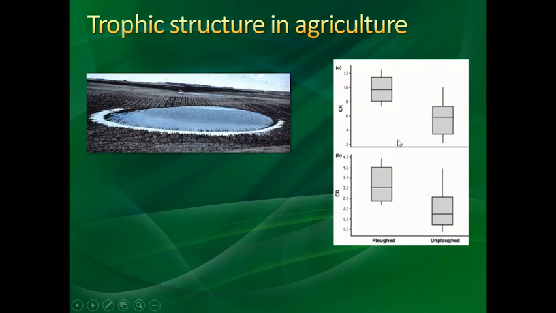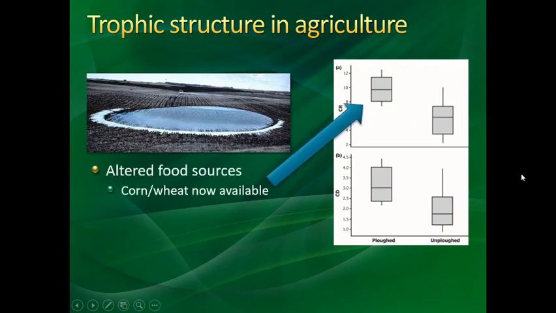What I found is that there was a clear difference from plowed wetlands to unplowed wetlands. The journal I published this in is based out of England, so they made me spell plowed like this, but I would have used a W. Anyway, in wetlands that had agriculture, the CR here is referring to the number of food sources that are available.